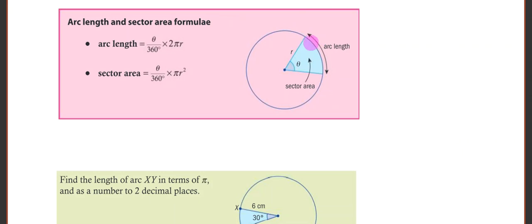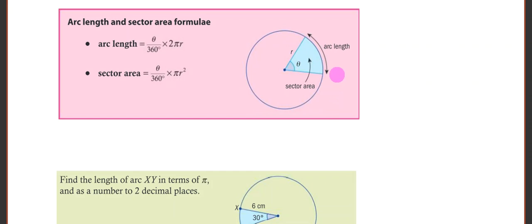When you cut a sector out of a circle, how many arcs do you get? Two. And what are they called? A minor and a major arc. Good. So this arc length would be the minor arc. This arc all the way around here would be the major arc.